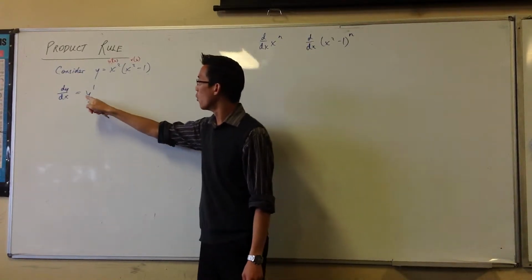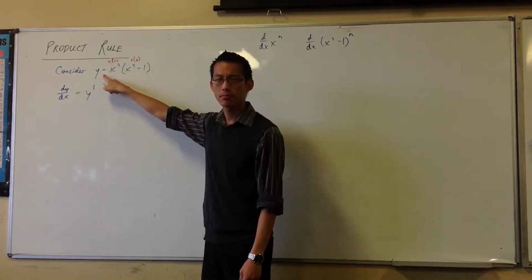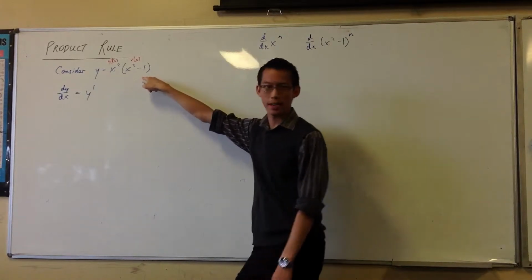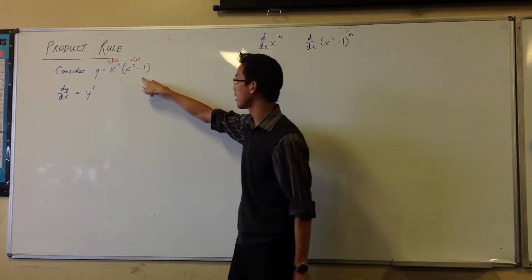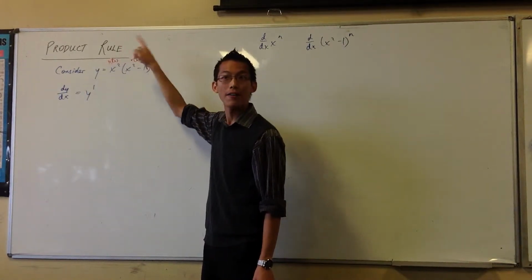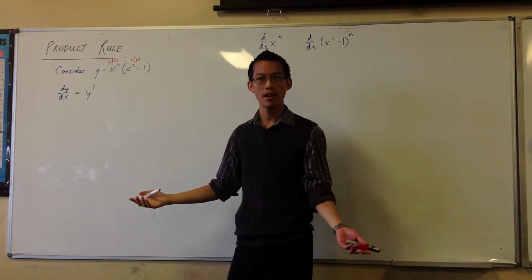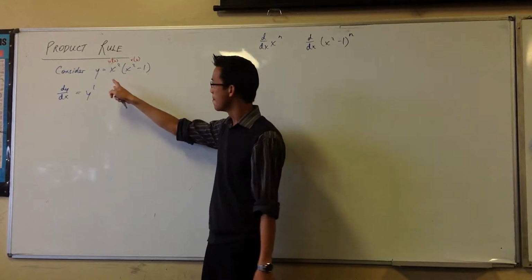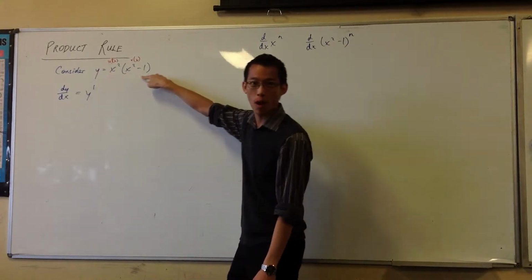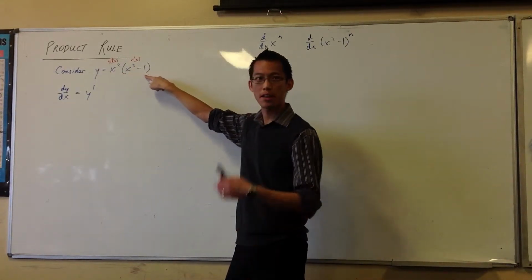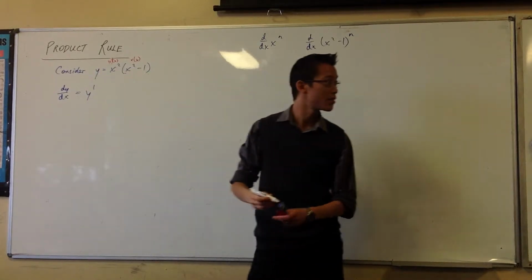If I want to find y dash, and I've got u times v, it wouldn't be unusual to think, can I take u dash and v dash, differentiate each one and then multiply them? So maybe the derivative of a product would be the product of the derivatives.